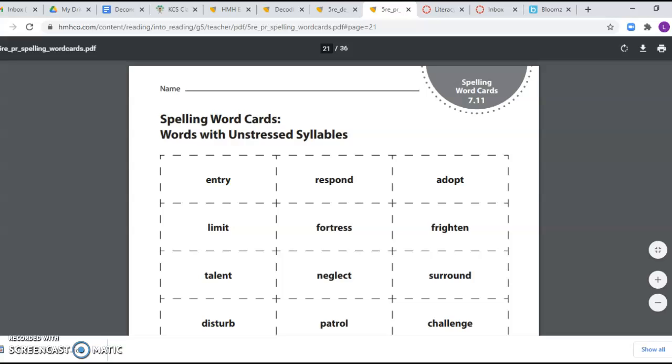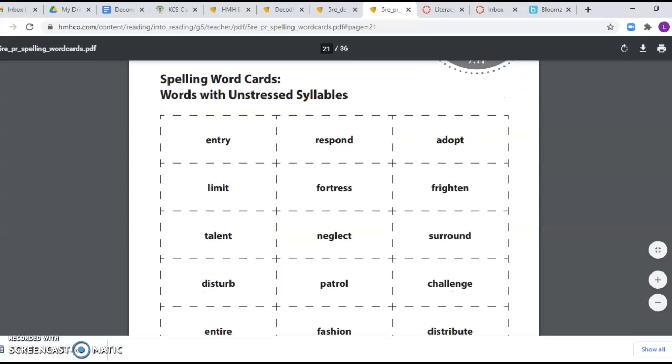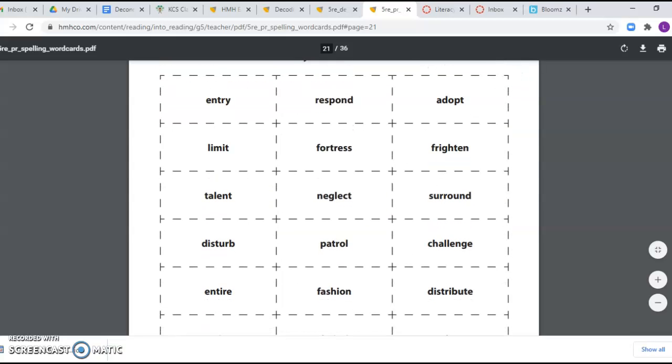I'm going to show you how you would sort these words. So here's your spelling words. You have several of them. I'll read a few of them to you, and then I'm going to actually model for you on this instructional video how you would sort it.